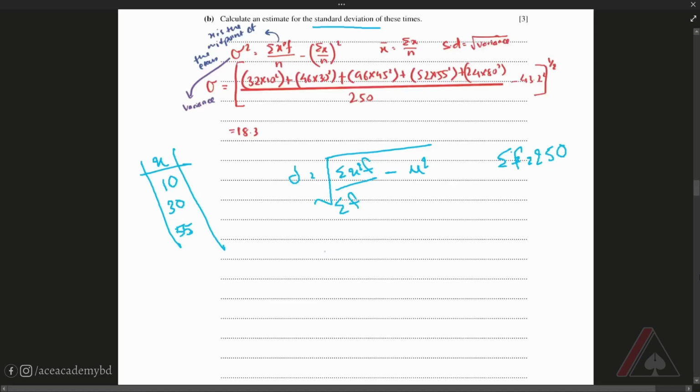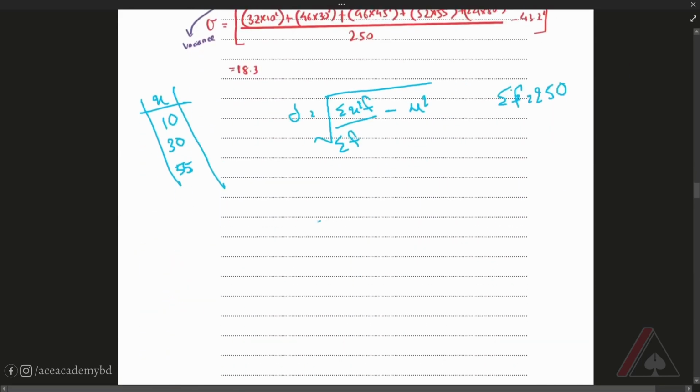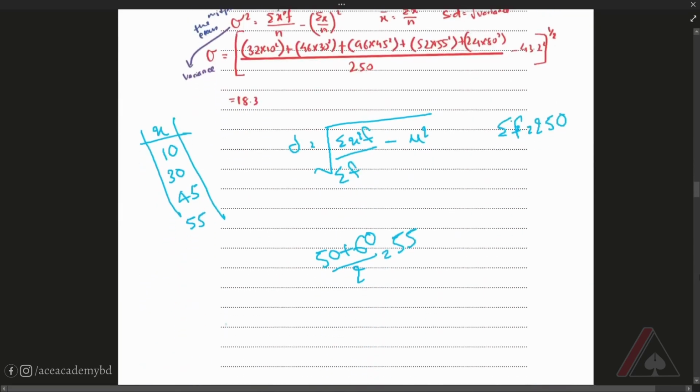To find the midpoint, we add the upper and lower limit of the range, and we divide them by 2. So 50 plus 60 by 2, you get 55. So midpoint is 55. For 60 to 100, we find the midpoint, which is 100 plus 60 by 2, which would be 80. Now we have found our midpoints.